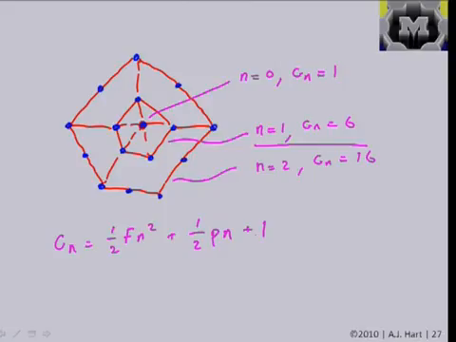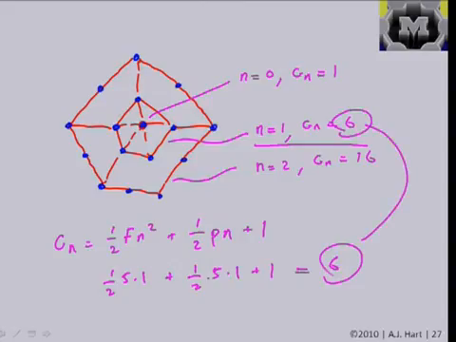So in the case of this n equals 1, I have 5 sides, so I have 1/2 times 5 times 1 plus 1/2 times 5 times 1 plus 1, 2.5 plus 2.5 plus 1 equals 6. That's 6. And if I count the atoms, I get 6.